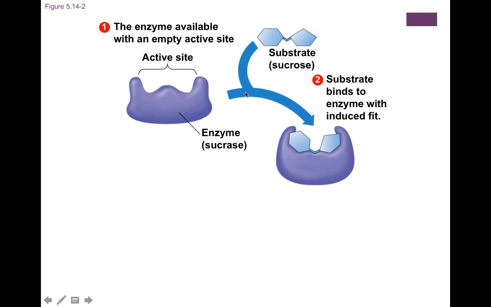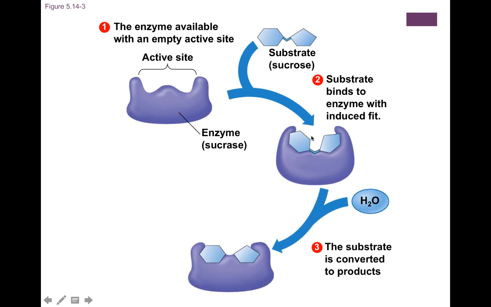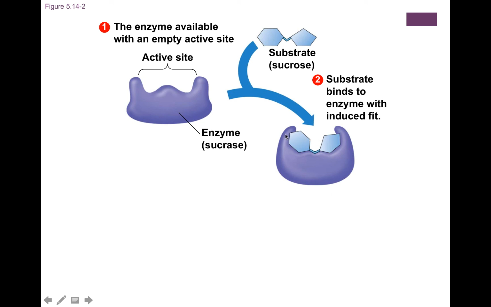Now, when sucrose meets its enzyme, it's going to fit into this particular space. And indeed, because it belongs there, the sucrase is going to wrap around it kind of. Okay, so it's going to wrap around it. See how it's changed its shape from being straight up and down to kind of curved?